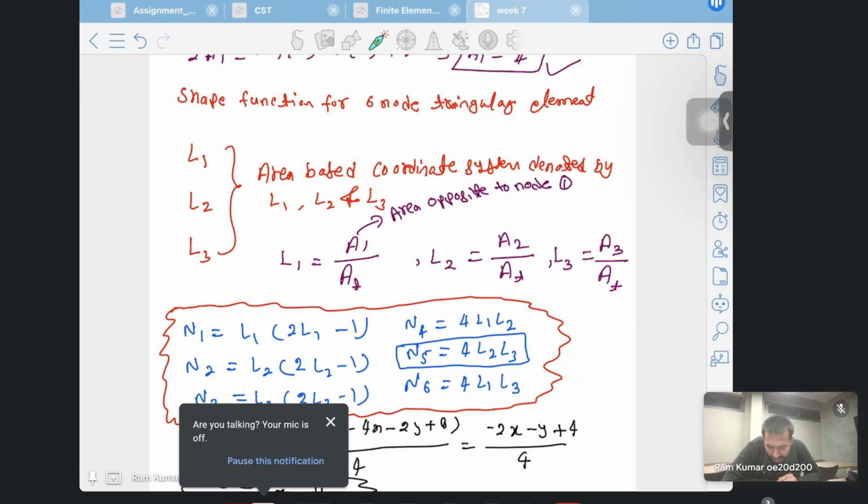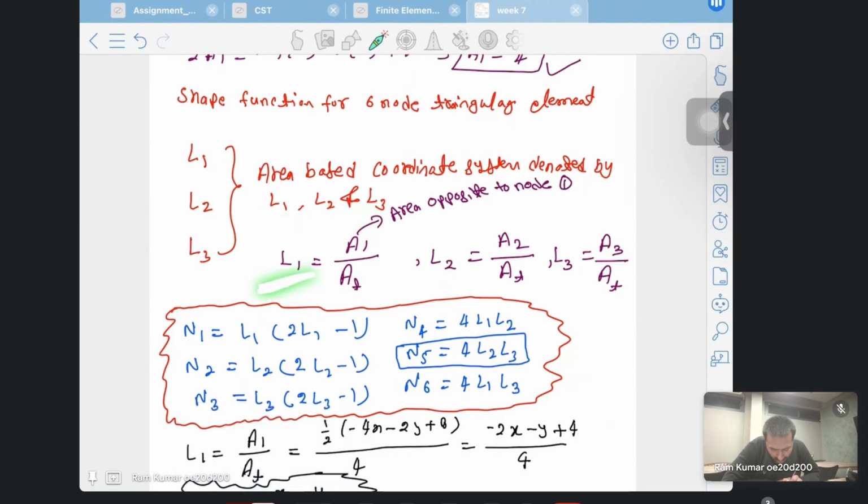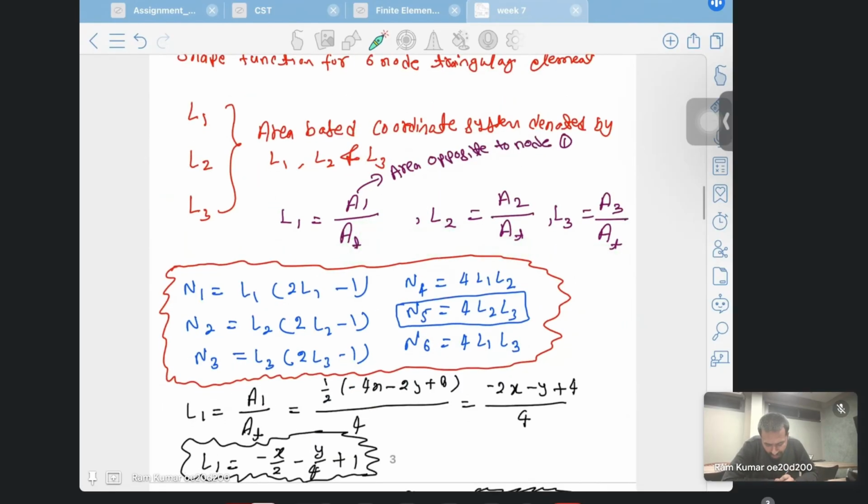So now what are L1, L2, L3? The area-based coordinate system is denoted by L1, L2, L3. L1 equal to A1 by total area. L2 is A2 by total area. L3 is A3 by total area. Then what will be the shape function?